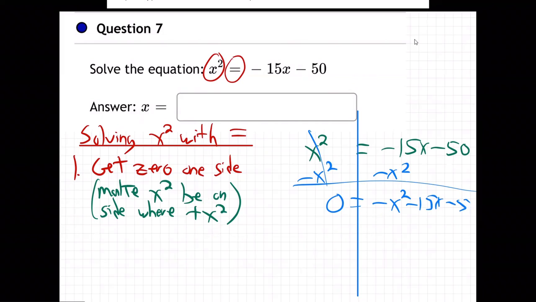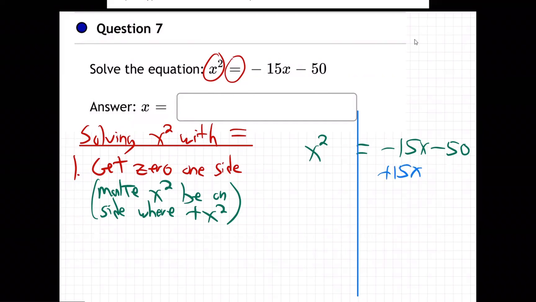So instead, we go back up, rewind the tape. And instead, I'm going to get rid of these guys. Whatever you do to one side, you have no choice but to do the same thing to the other. We've got to keep the balance, got to keep them equal.